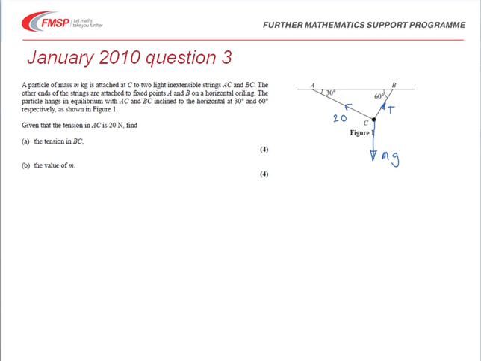Now there are different ways of solving this. I look at two different ways. The first approach is to draw a vector triangle showing these forces.